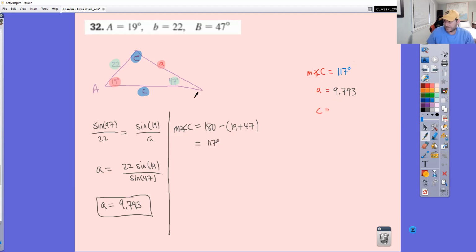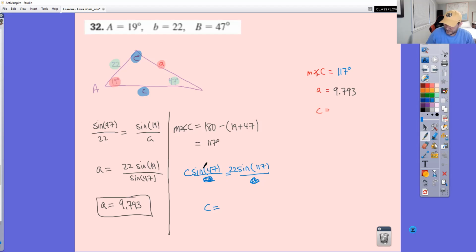Not only is that an answer, but it also allows us to use our law of sines again. We're sticking with the 47 and the 22, like always. Setting that equal to the sine of our newly found angle, 117, divided by the length of side C. So side C is going to be, if I cross multiply, that'll put a C right here. It'll put a 22 right there.